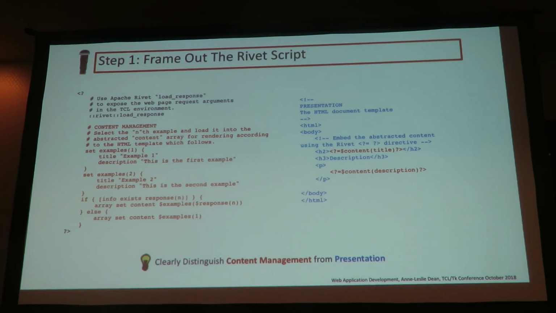And I like this because I'm very visual and I like to see my HTML as HTML and my Tcl as Tcl. So I don't have to mix and try to figure out what's going on there.